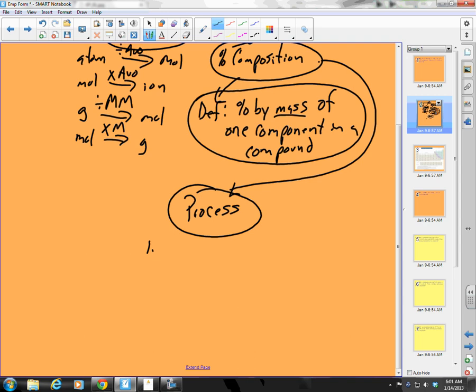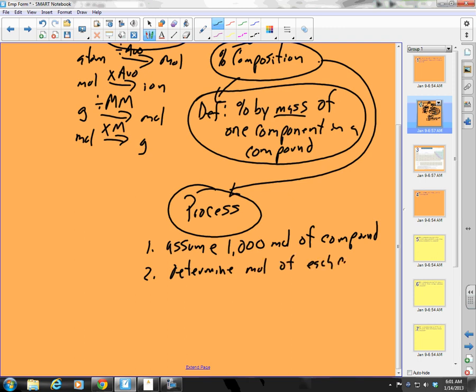Number one is I'm going to assume I have 1 mole of compound. Good. Once I make that assumption, I use my formula to determine moles of each component in the compound.